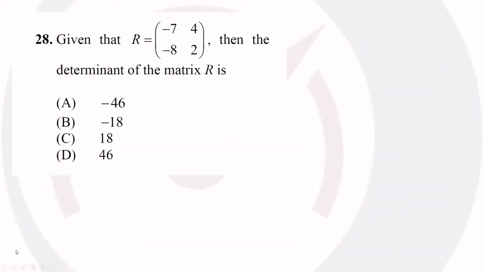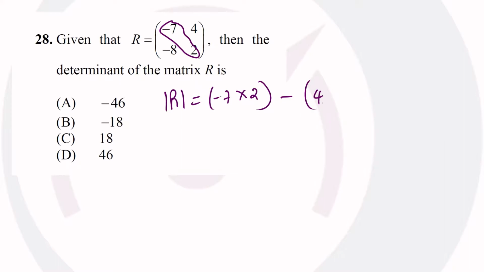Alright, let's try it again. Find the determinant of R. So we have R is equal to the product of the leading diagonal, so that's negative 7 times positive 2, minus the product of the minor, which is 4 times negative 8.